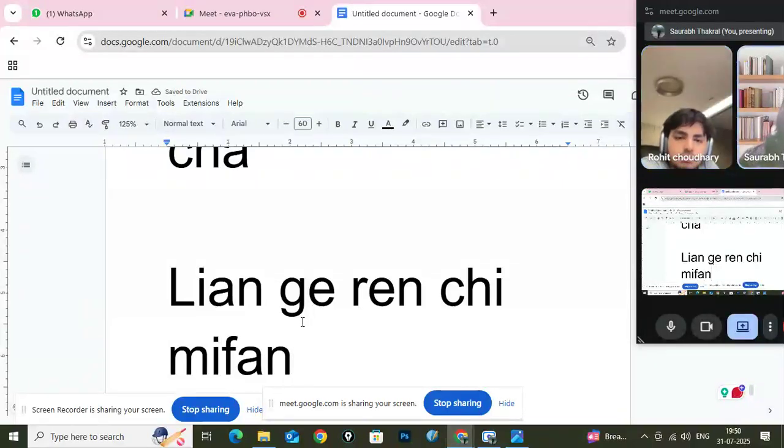Yes, this is a simple sentence. Two people are eating rice. Suppose we have to say two people are eating rice outside restaurant.